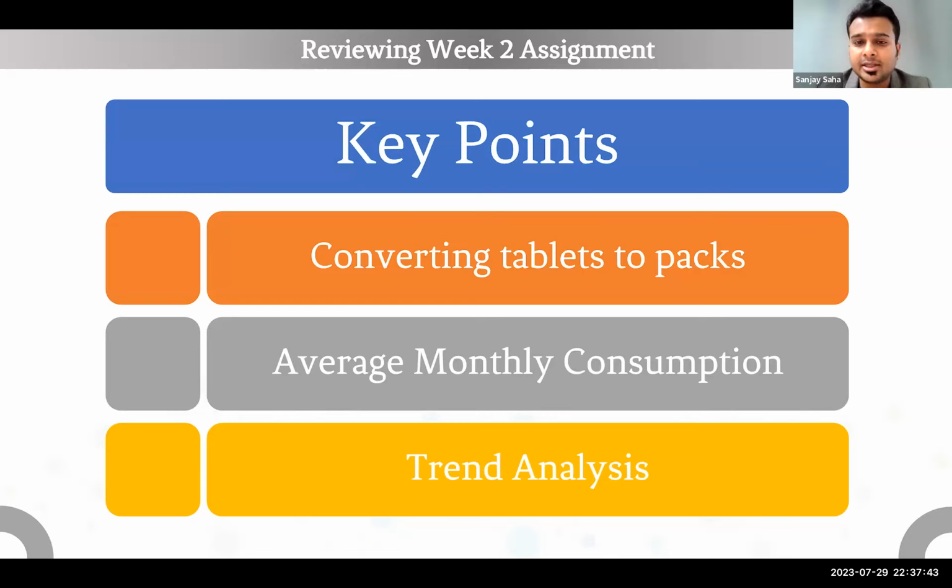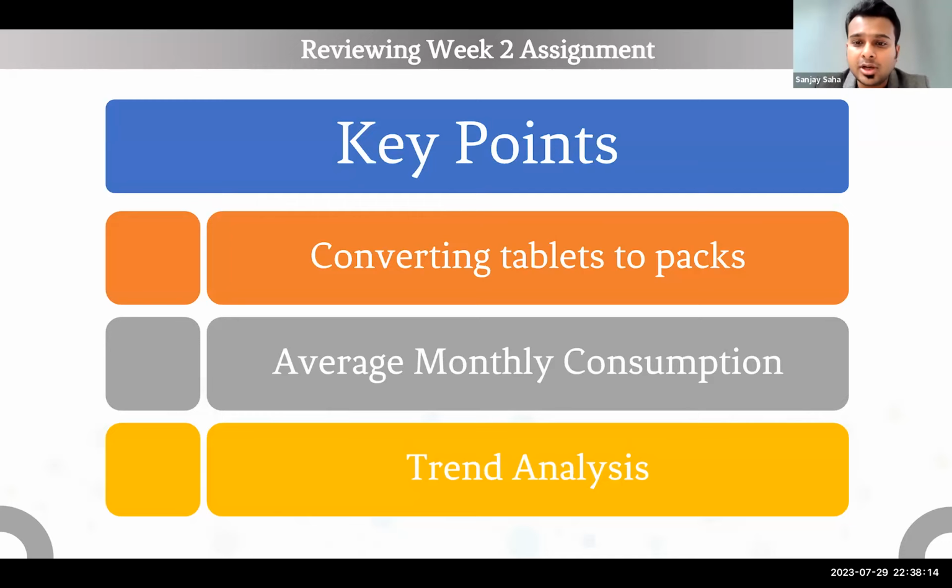We discussed in the previous classroom session that we should be able to convert tablets to packs, and more importantly, secondary packs, which is mostly the unit of measure for most manufacturers. Generally, manufacturers will charge you as per secondary pack when you are doing your procurement, so it is imperative that you use the same unit for your forecasting as well.